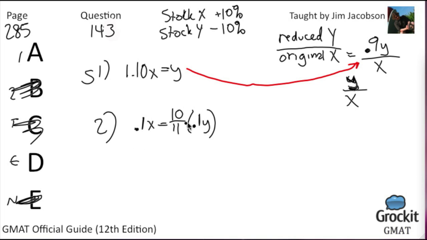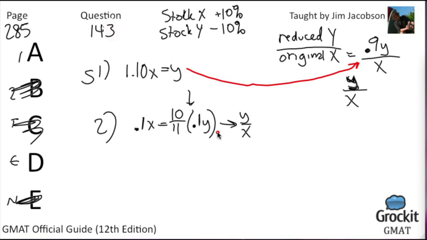Because we have two variables in a single equation, we could get Y over X on one side. We would divide both sides by X, and then divide both sides by all the other numbers on this side, and we could get to Y over X just as easily and multiply that times 0.9.